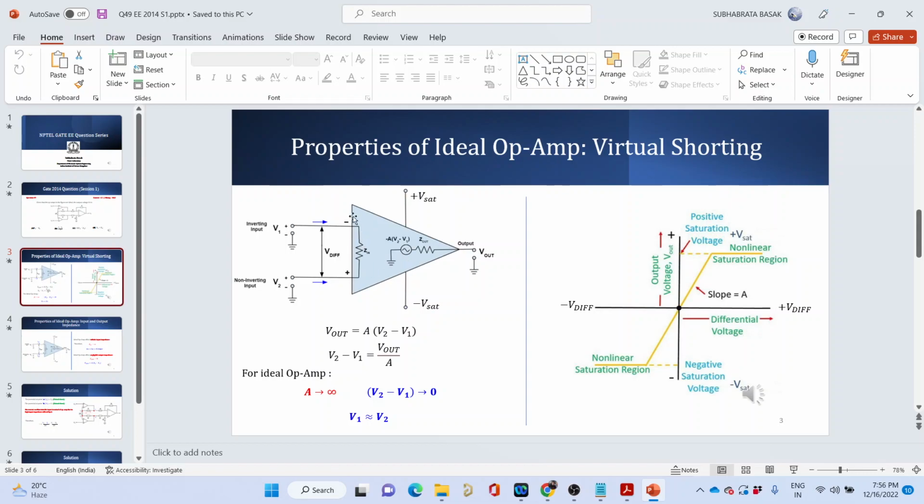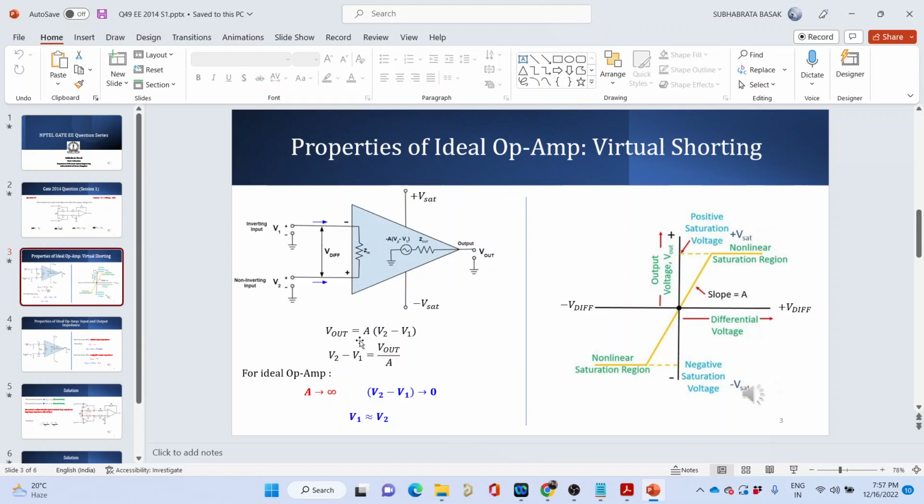You can see that there is a kind of isolation over here. Remember, this is a model. This is a mathematical model of the op amp. This is not what actually is there in an op amp. So what we are trying to say is the output of the op amp is an amplified version of the difference between these two terminals.